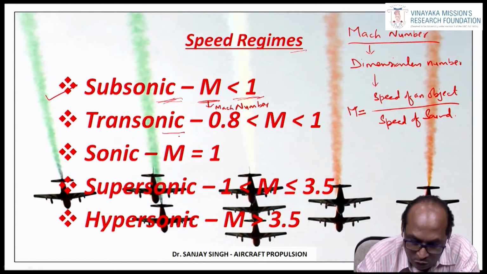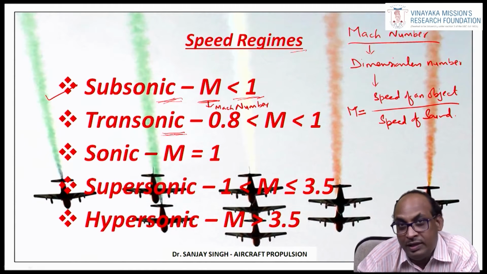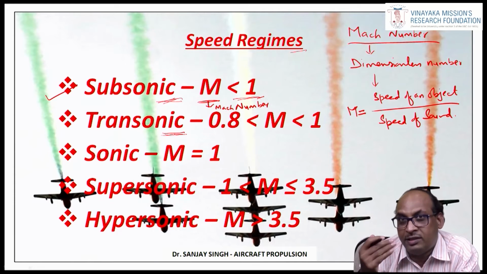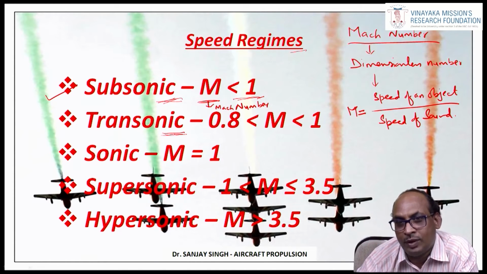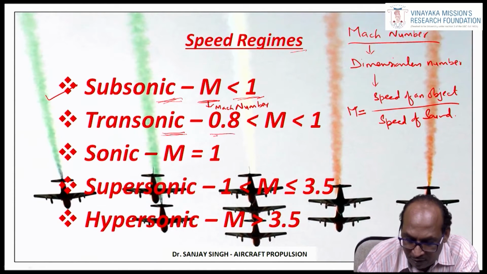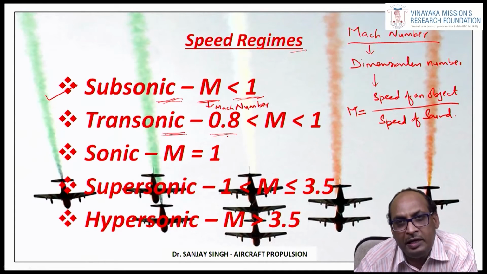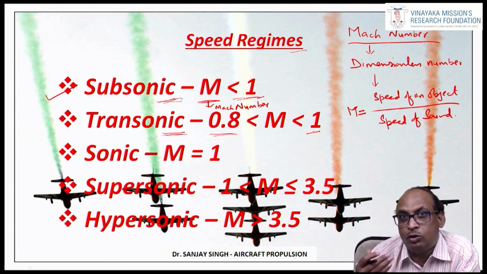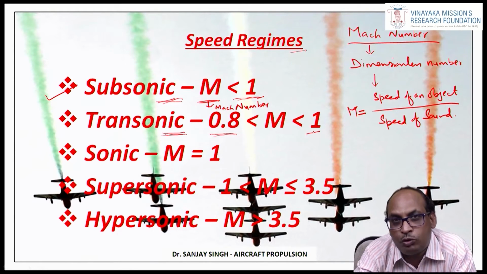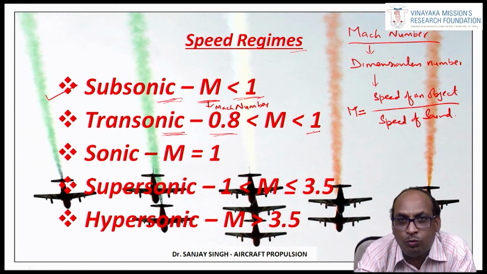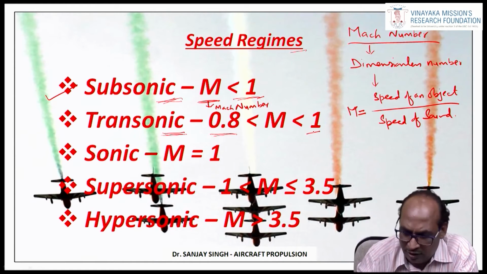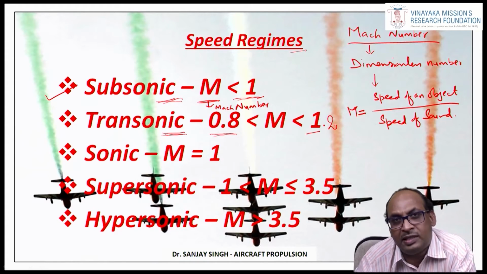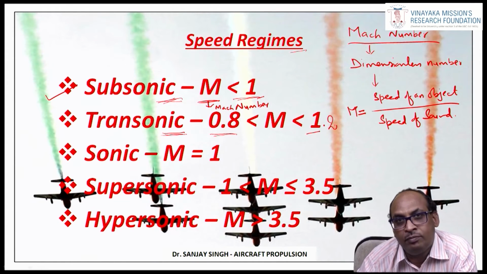Second, transonic. Transonic is the regime when a change is going to happen from about 0.8 Mach to 1, when the change takes place from subsonic to sonic or supersonic. Sometimes it goes up to even 1.2, and we still call it transonic.